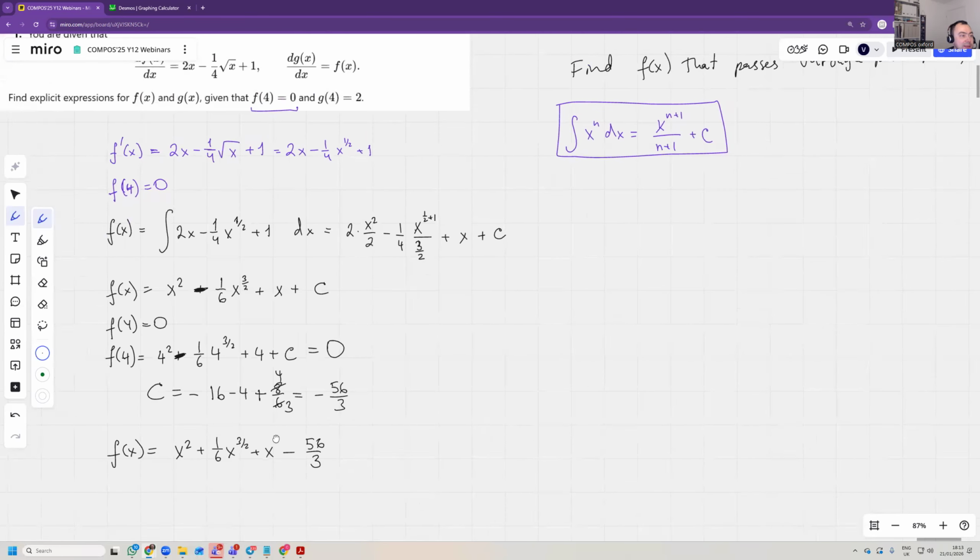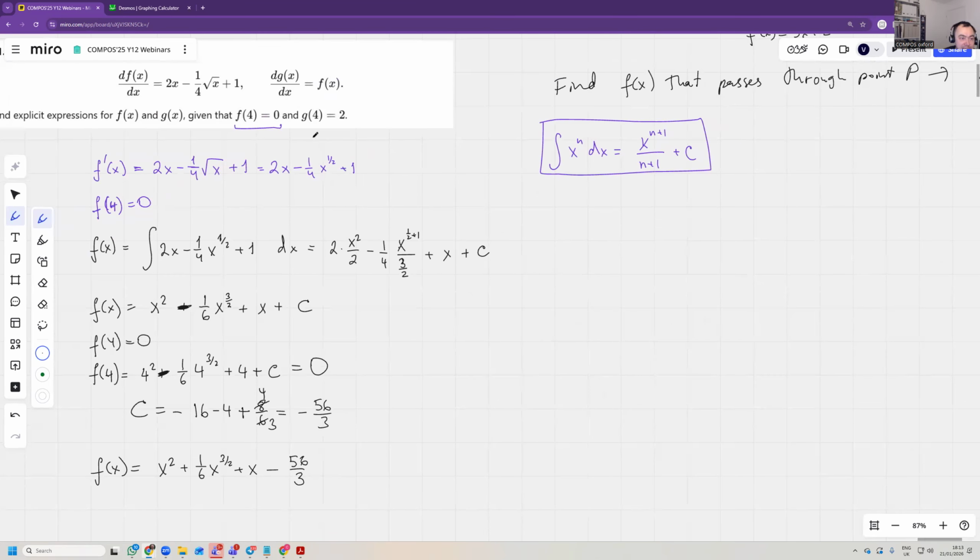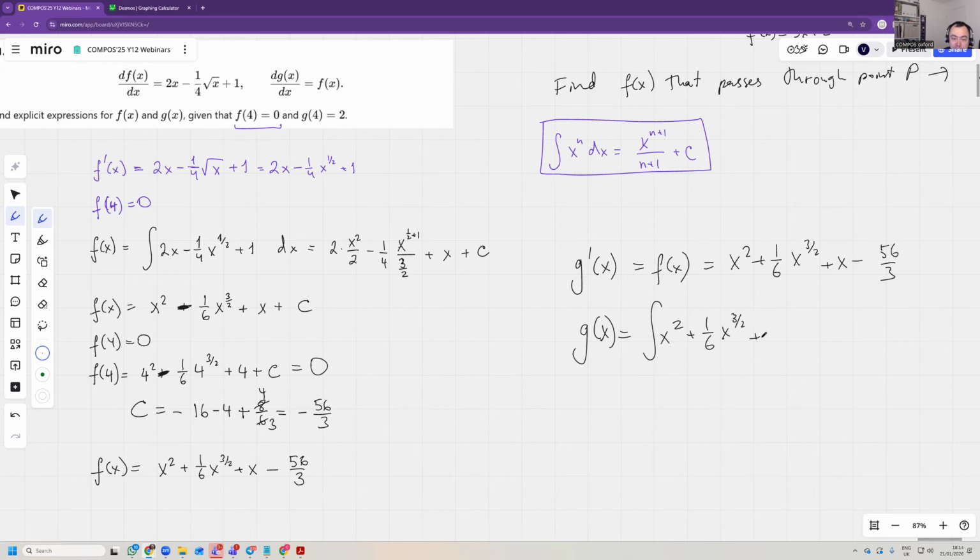And then it says that dg dx, so g dash of x, the derivative of g, is f of x. Oh, so that is x squared plus a sixth x to the 3 over 2 plus x minus 56 thirds. So that means g of x is the integral of that, x squared plus 1/6 x to the 3 over 2 plus x minus 56 thirds dx.